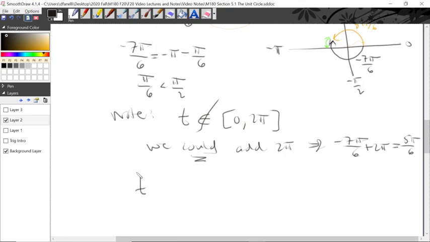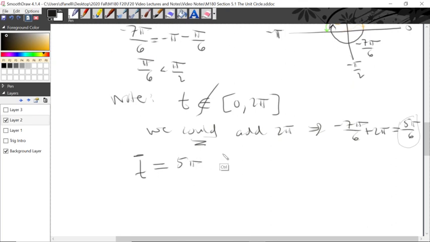But we could verify that we're in quadrant 2 by choosing 5 pi over 6, the coterminal value of t. Formulaically, we would subtract that from pi. So pi minus 5 pi over 6 is equal to pi over 6.